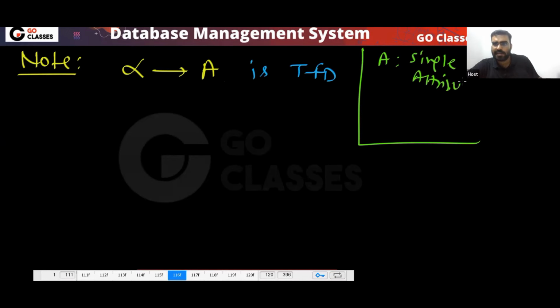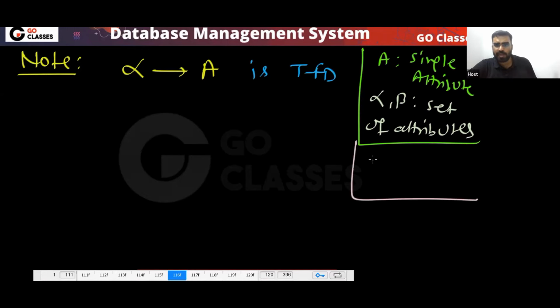Alpha, beta are sets of attributes. Also, A is not part of alpha, and A does not belong to beta. Okay, is this clear?